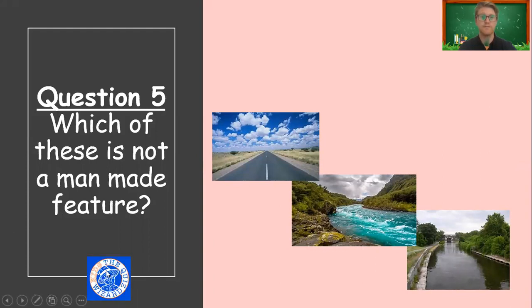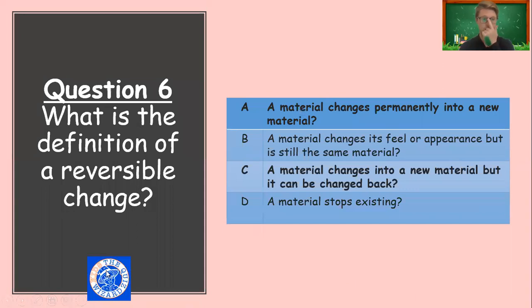Question 6. Again, you have some options here. It's a science question. What is the definition of a reversible change? A. Is a reversible change when a material changes permanently into a new material? B. Is a reversible change when a material changes its feel or appearance but is still the same material?